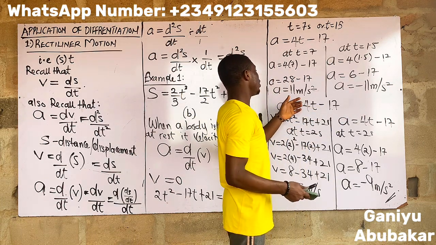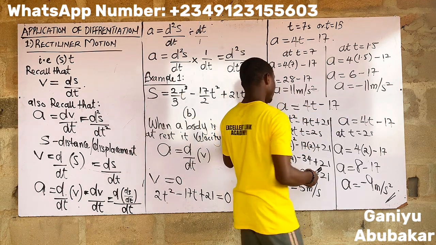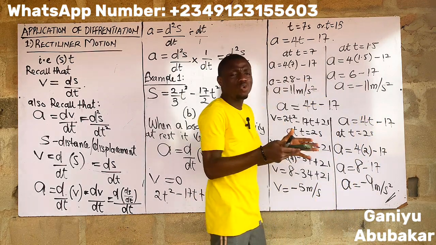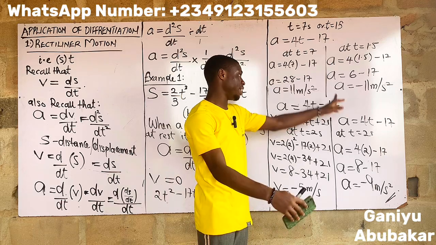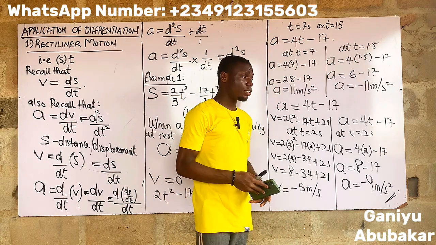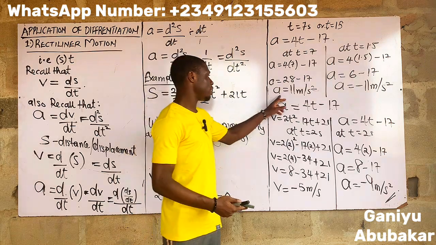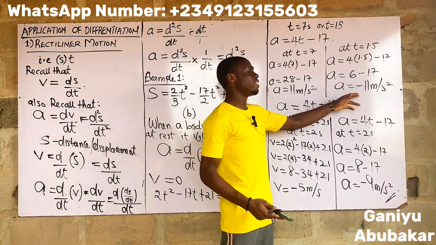Listen up. In between the two accelerations, which one is the real value for acceleration in this case? Take a little bit to think. I'm having two values: a is positive 11, a is negative 11.